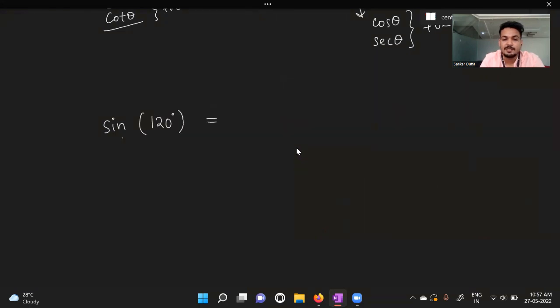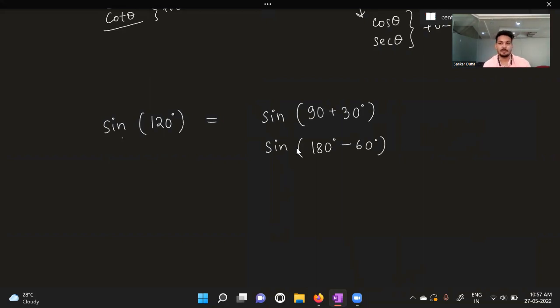So the next step is you write it as either sine of 90 plus 30 or sine of 180 minus 60. I'll let you absorb this, right? So now check this out. 120 degrees can also be written as 90 plus 30 or 180 minus 60, right?